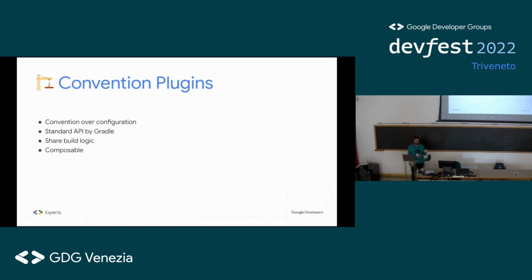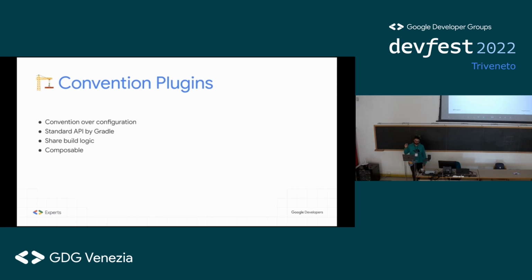Basically, Now in Android is a large project already, which includes multiple convention plugins, and you can go through the code and explore it. It's really cool. So this is just to share build logic, and it's composable, not the Jetpack composable, but like building blocks, and we can really build from small bricks gradually to complex logic.